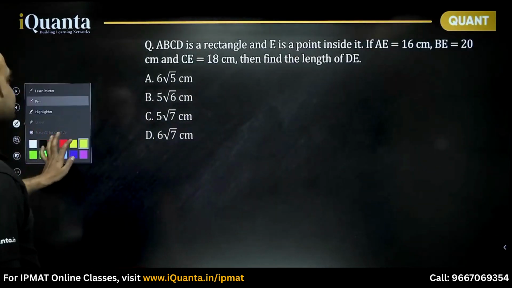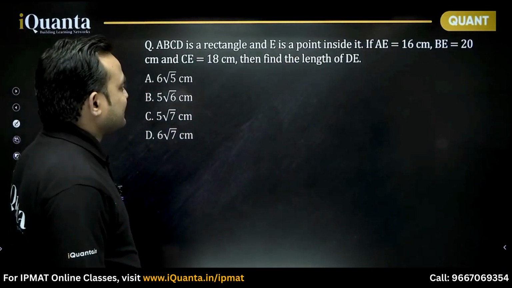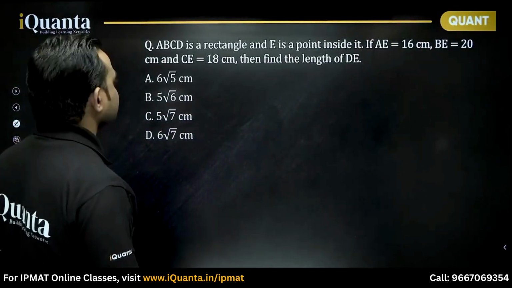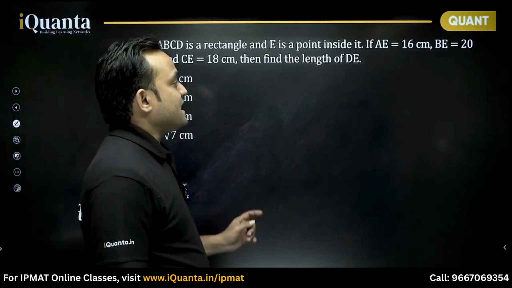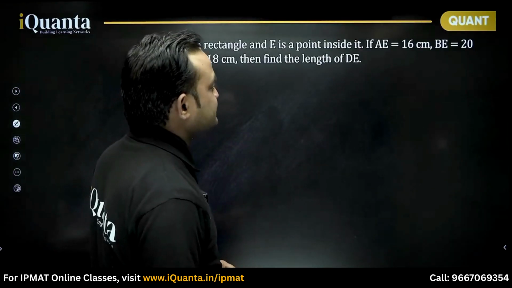Next question, it says ABCD is a rectangle and E is a point inside it. If AE is equal to 16 centimeter, BE is equal to 20, CE is equal to 18, we need to find DE.